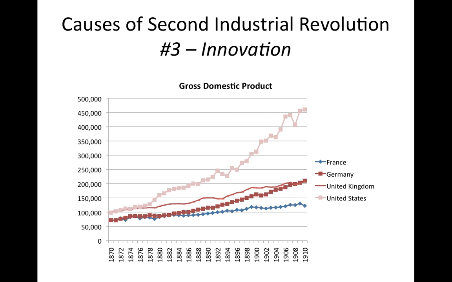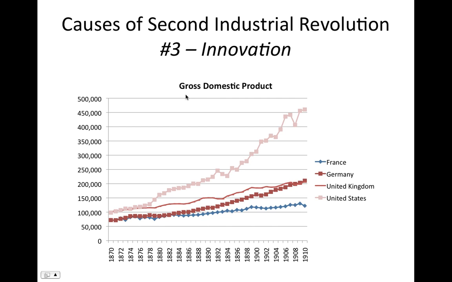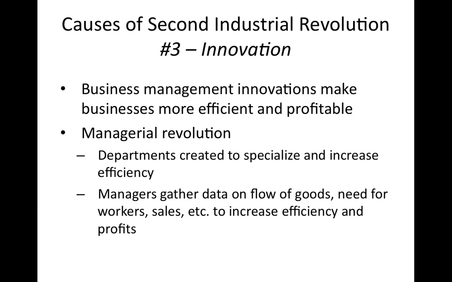All of which led to an enormous output thanks to greater innovation in production, greater output thanks to greater demand for consumer goods, like the fountain pen and the handheld cameras. And so it contributed to this vast increase in the gross domestic product during this time period.